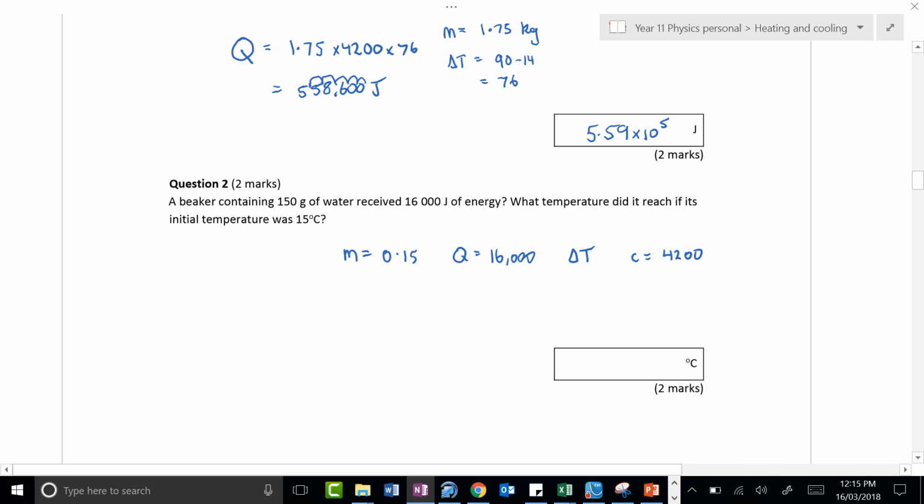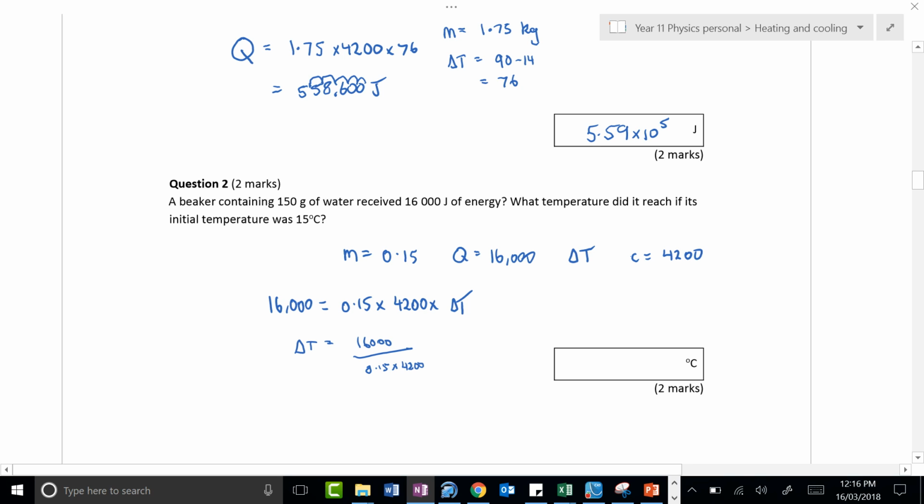Let's write out what we know. We've got 16,000 is equal to 0.15 times the specific heat capacity of water times the change in temperature. Rearrange that, use your calculator. We've got 16,000 and we're dividing both sides by 0.15 times 4,200.